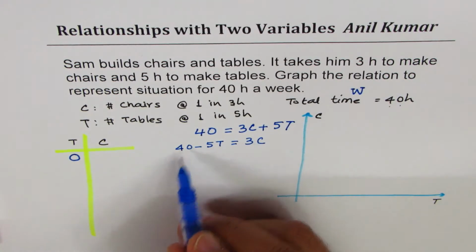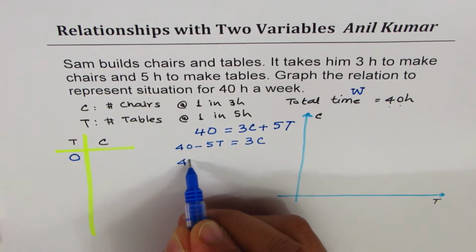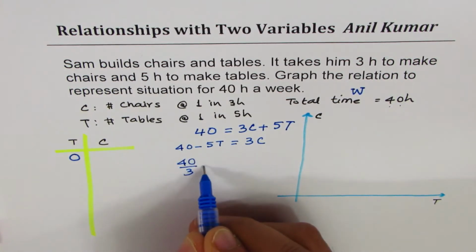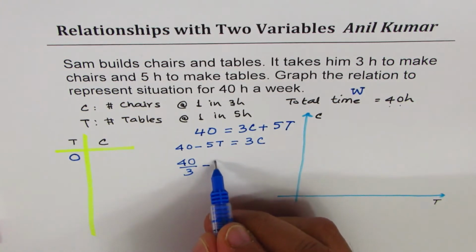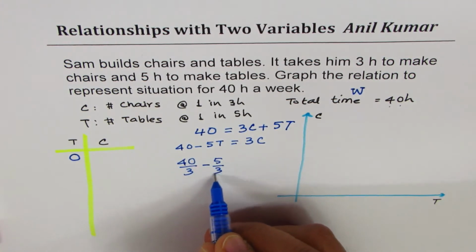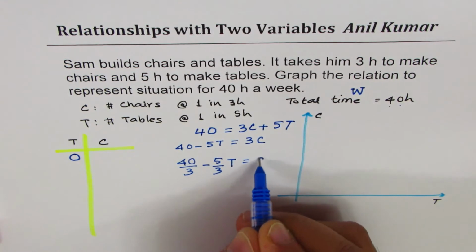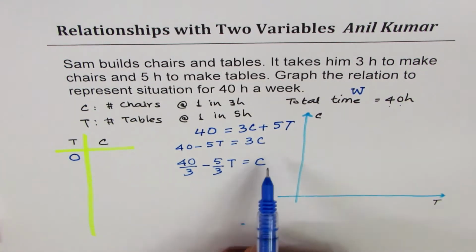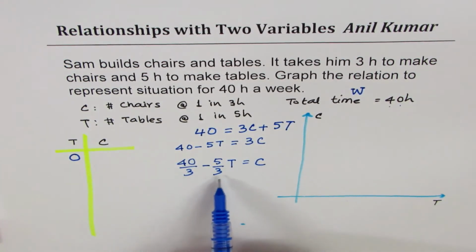And when we divide by 3, we get 40 divided by 3 minus 5 divided by 3 times t is equal to chairs. So now we know that chairs could be written as 40 divided by 3 minus 5t divided by 3. Okay, so that is the relation which we have.